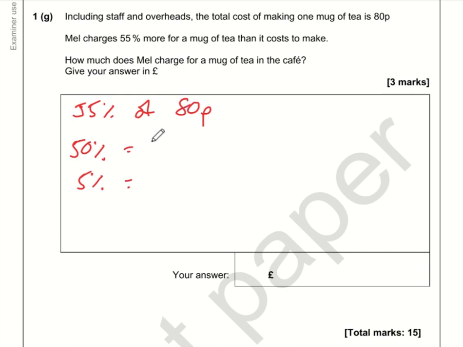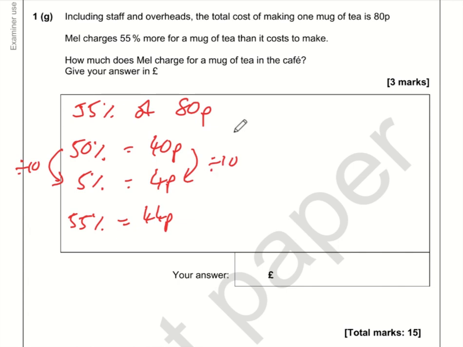Half of 80p is 40p. And if I know that 50% is 40p, then 5% is going to be 4p. If you don't follow why, well, 5% is 10 times less than 50%, so therefore it's going to be 10 times less than 40p, and 40 divided by 10 is 4p. So therefore 55% is 44p.